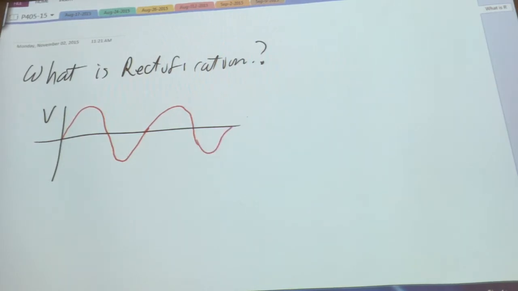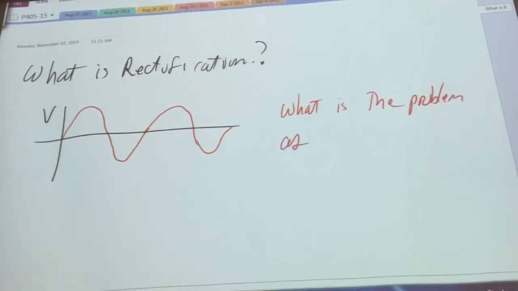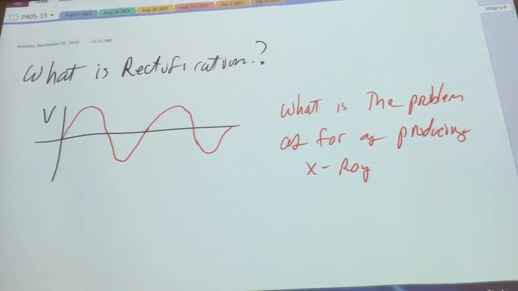First of all, what's the problem? So what is the problem with that graph as far as producing X-rays? Negative voltage.